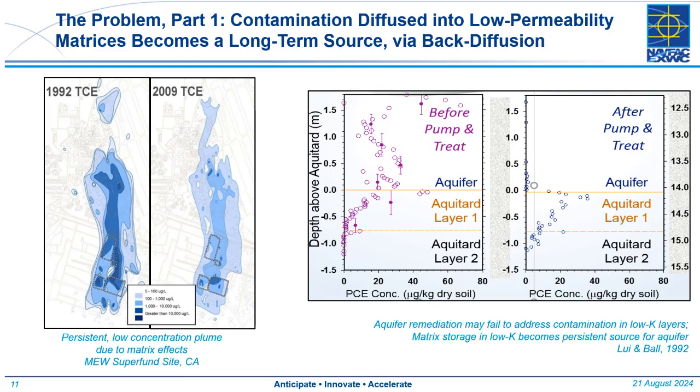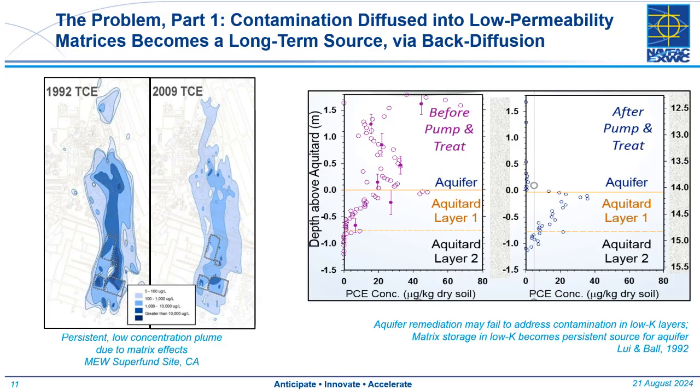Although concentrations have gone down in the core of the plume, there are long lingering sources, and the overall dimensions of the plume really haven't changed that much. That is symptomatic of a typical matrix diffusion site, where there's a long persistence, a long tail before cleanup.